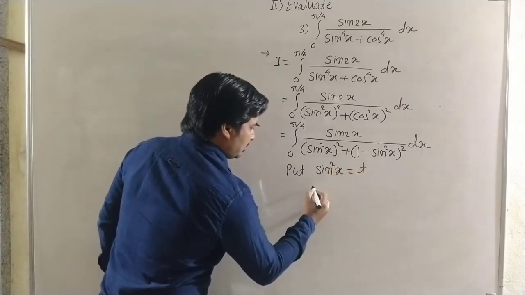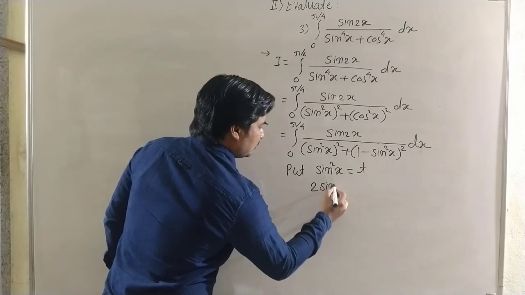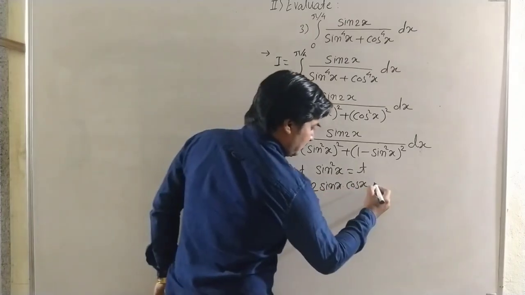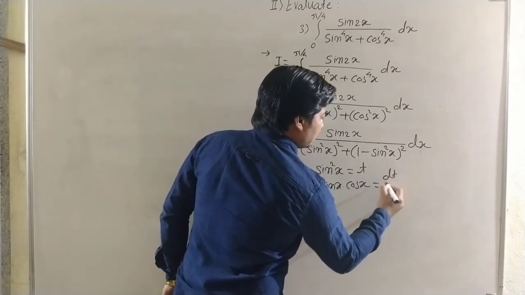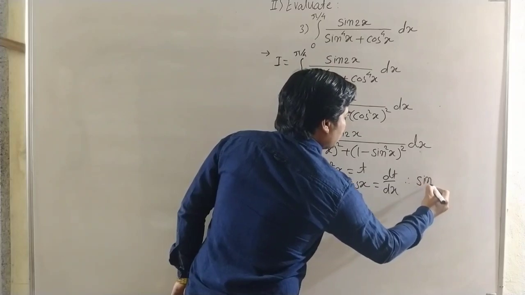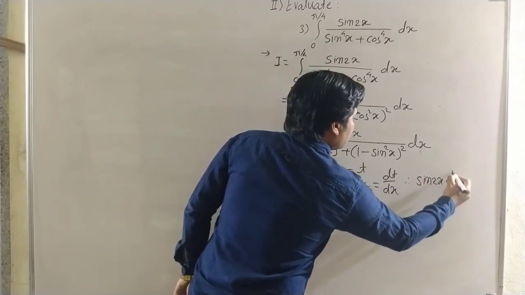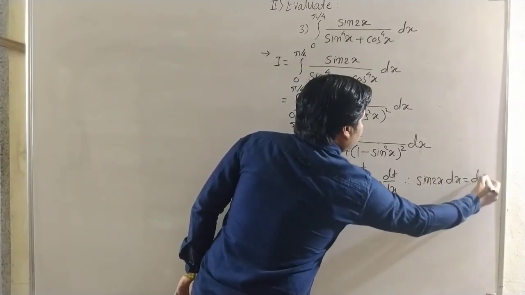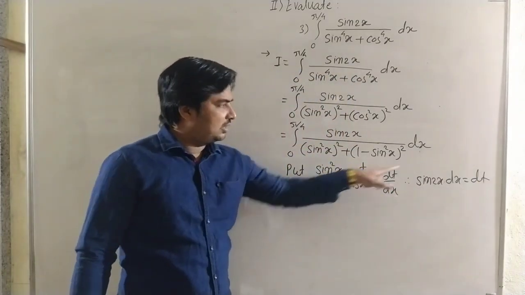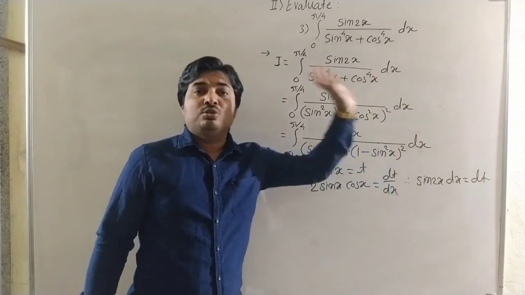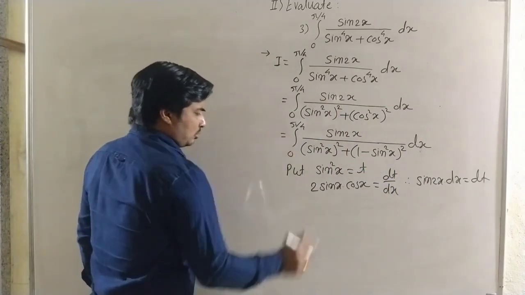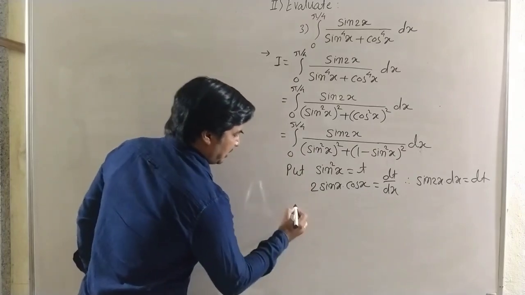Then derivative of sin square x, it is 2 sin x into cos x is equal to dt by dx, and therefore sin 2x dx is equal to dt. It is sin 2x, you can write dx, and this sin 2x dx is equal to dt. Now here we use substitution, it is a definite integral, so we change the limits.